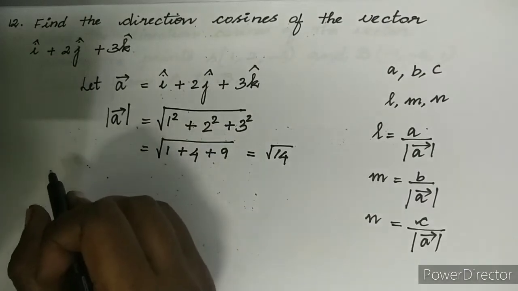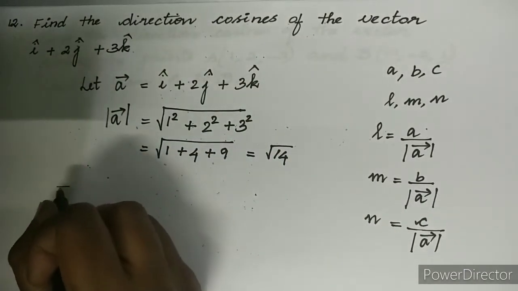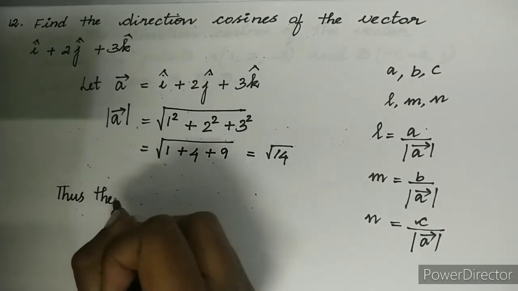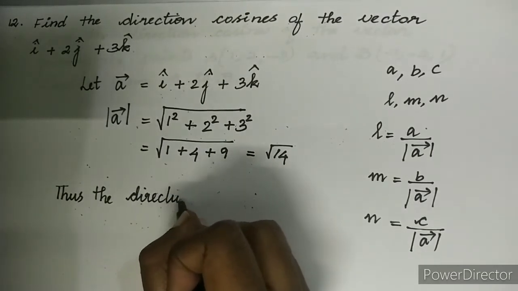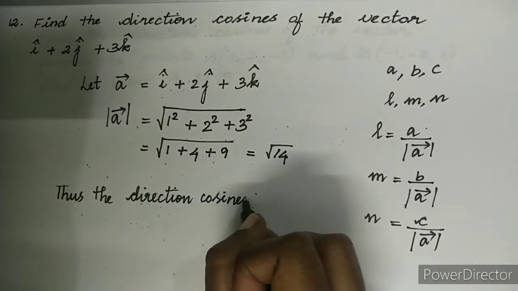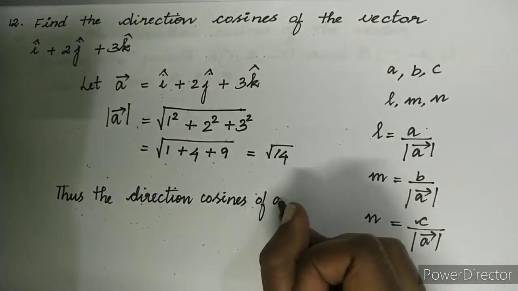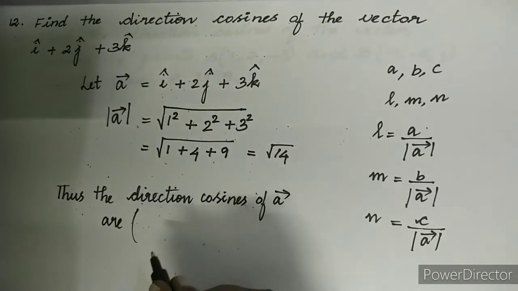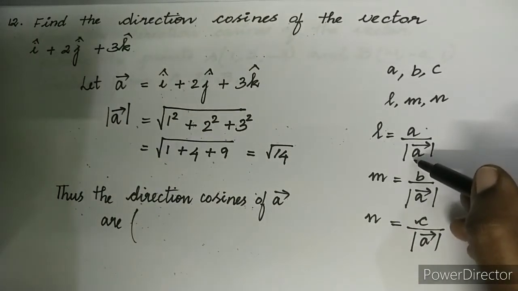So the direction cosines of our vector a vector are written within the bracket as a by magnitude of a vector.